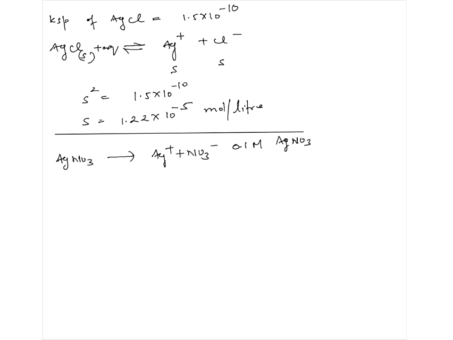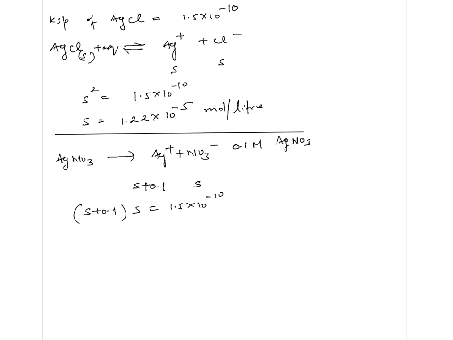Now, if now the solubility is S, it will be S plus something, S plus 0.1. Solubility product won't change. So S plus 0.1 into S, that is equal to 1.5 into 10 to the power minus 10. Look at the previous answer. What was the order of S? 10 to the power minus 5 was the order.